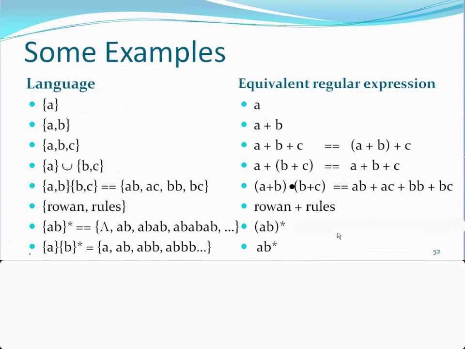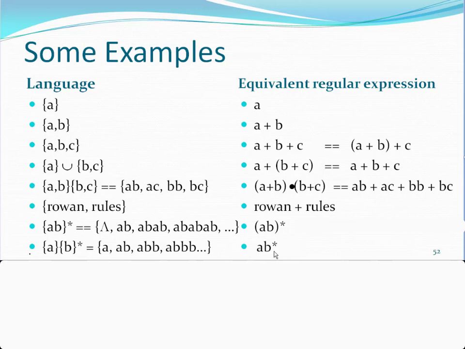So AB star here is the same as the set containing A followed by the set containing B quantity starred. In other words, it's this language: an A and zero B's, an A and one B, an A and two B's, and so on. So very important. Whether you're working with sets or with regular expressions, you're going to have to be able to tell the difference between these things.